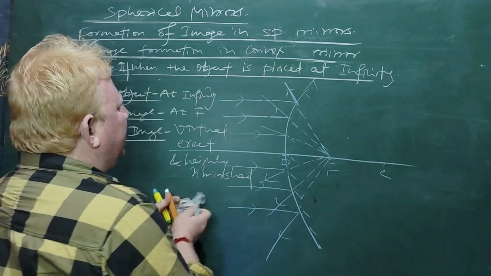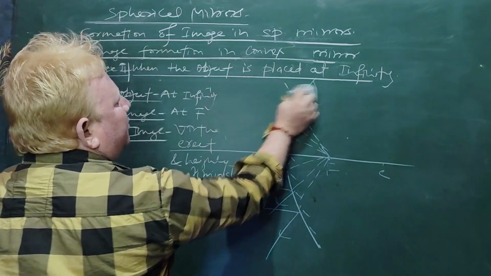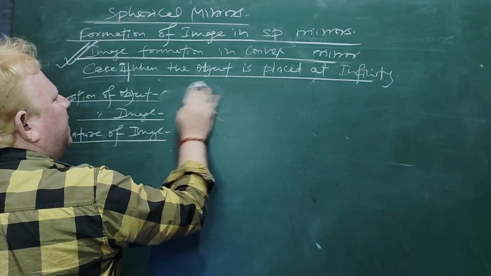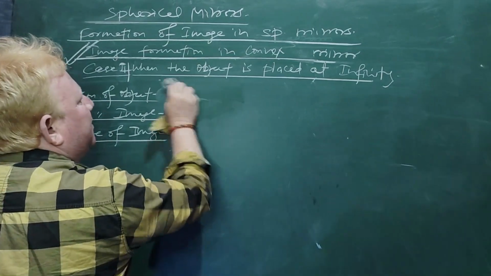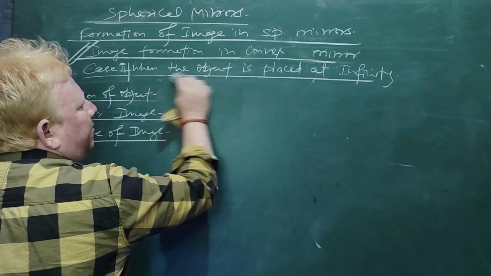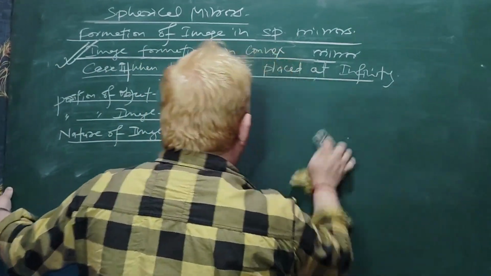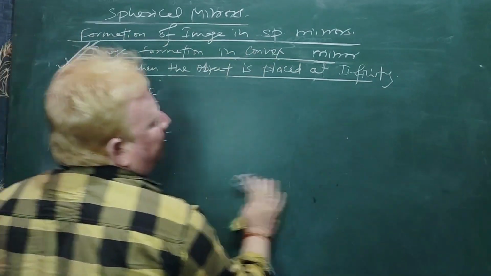Okay? So the second case is when the object is placed beyond the pole, meaning anywhere outside the pole, you can place it anywhere, right?